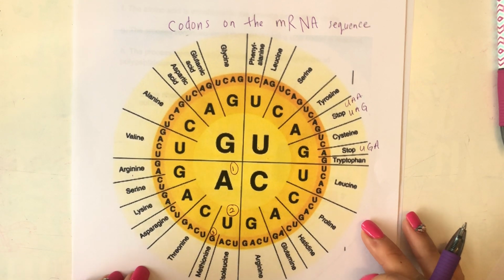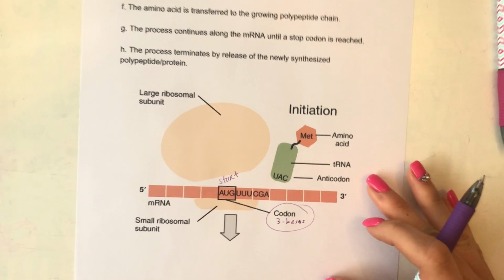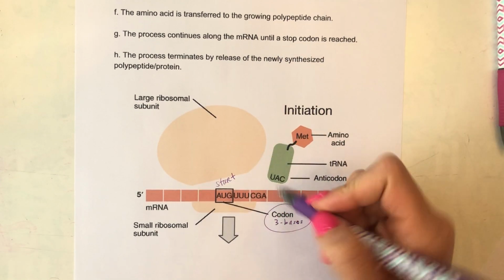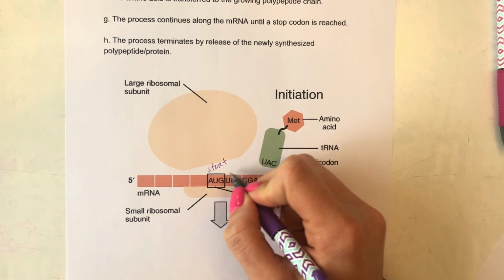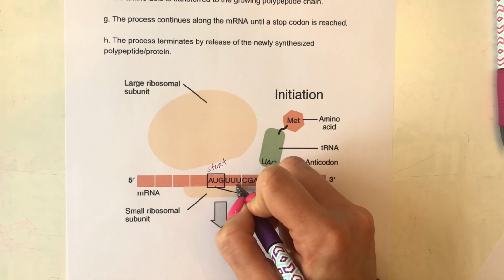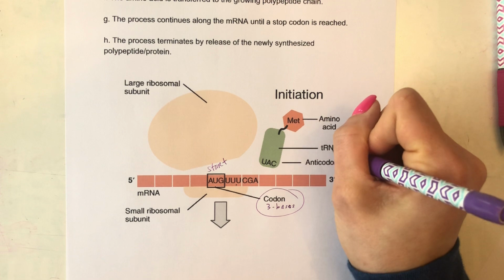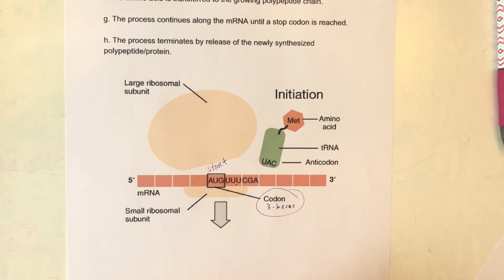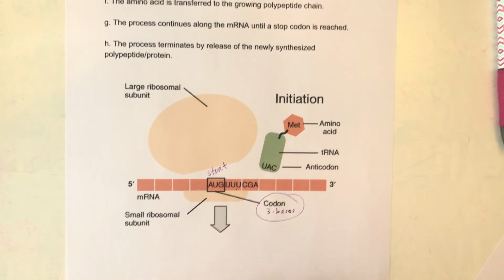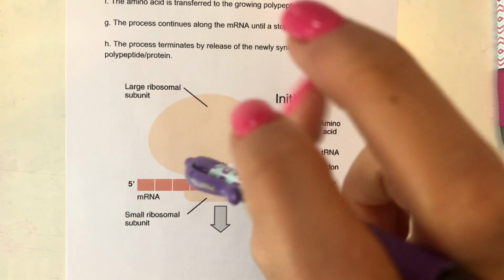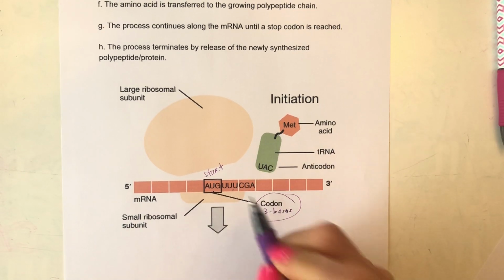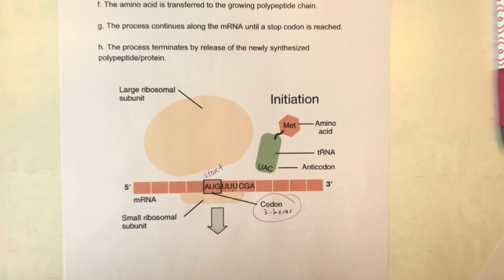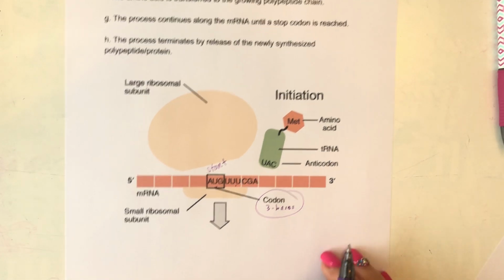Okay, so back to our picture. Here's our ribosome reading our specific mRNA. It's going to find these codons, and then it's going to initiate tRNA to bring something called the anticodon. The anticodon is what matches the codon that's on mRNA. They're going to fit together with the complementary base pairs in RNA.